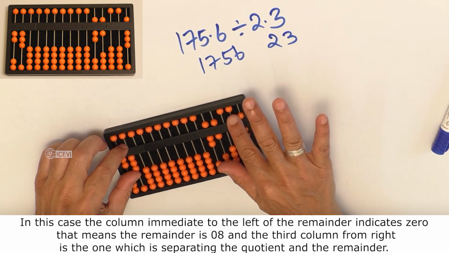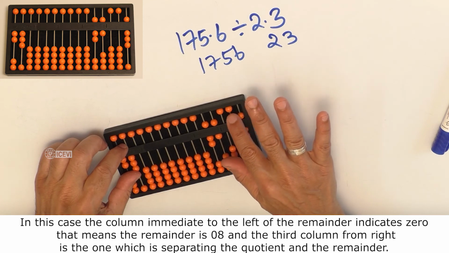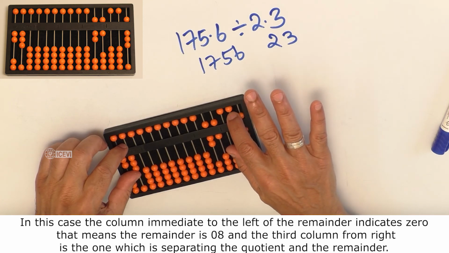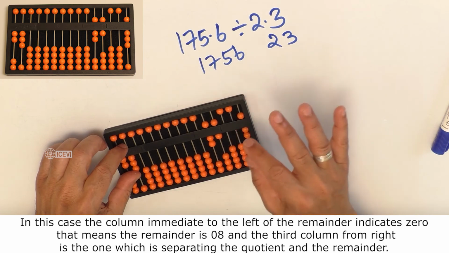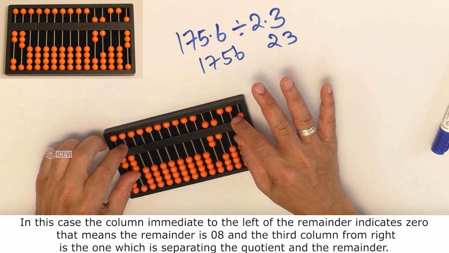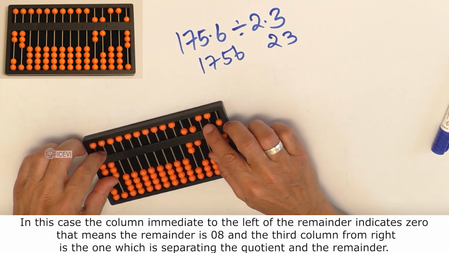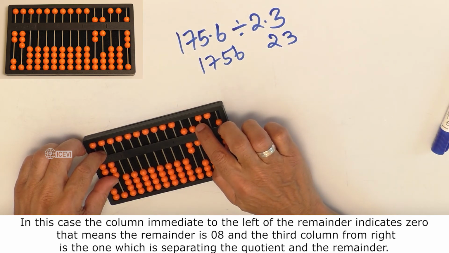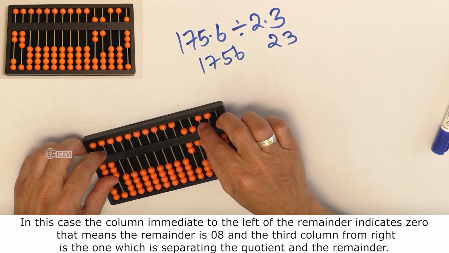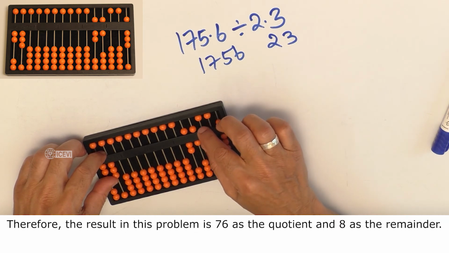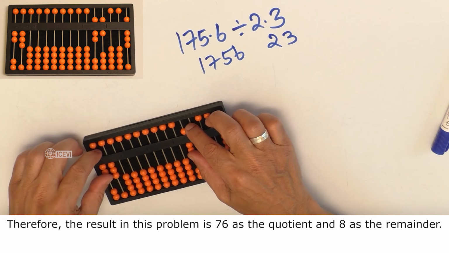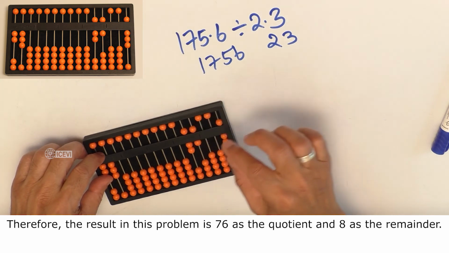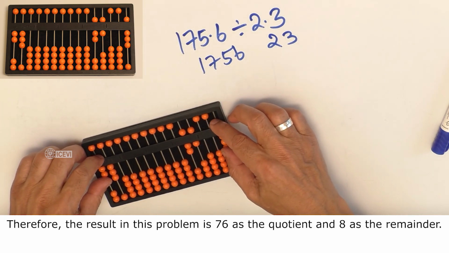In this case, the column immediate to the left of the remainder indicates 0. That means the remainder is 0, 8. And the third column from the right is the one which is separating the quotient and the remainder. Therefore, the result in this problem is 76 as the quotient and 8 as the remainder.